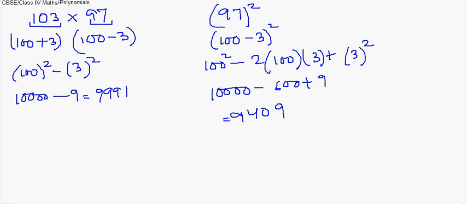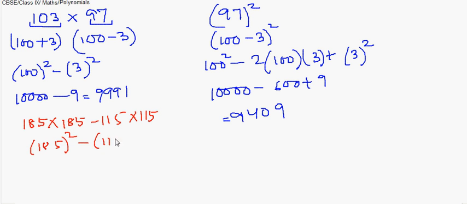Now look at the one here. It is 185 into 185 minus 115 into 115. This can be written as 185 whole square minus 115 whole square. That's a square minus b square.